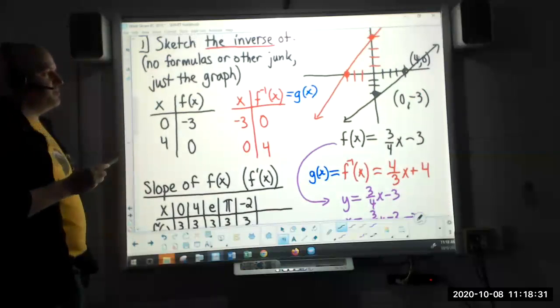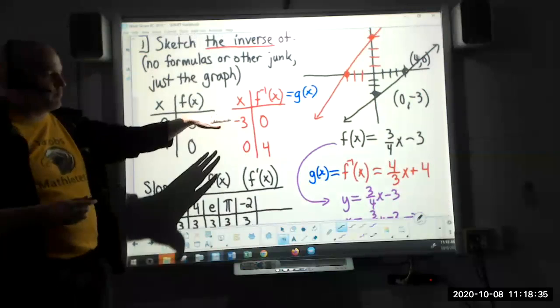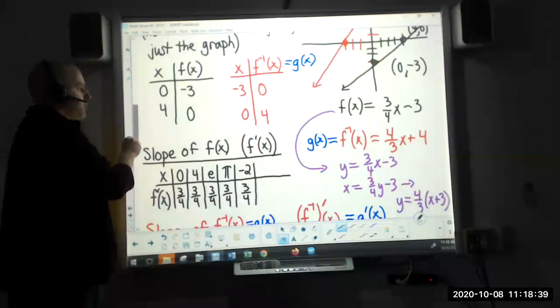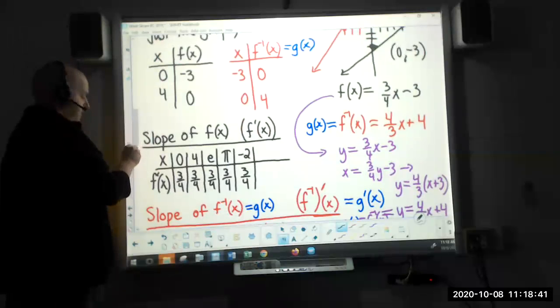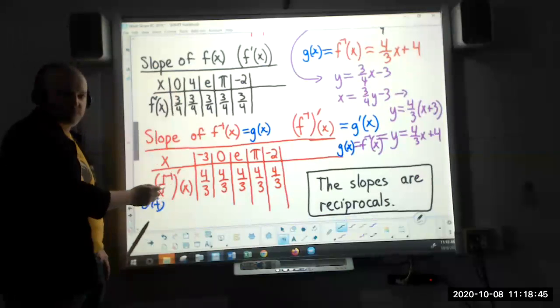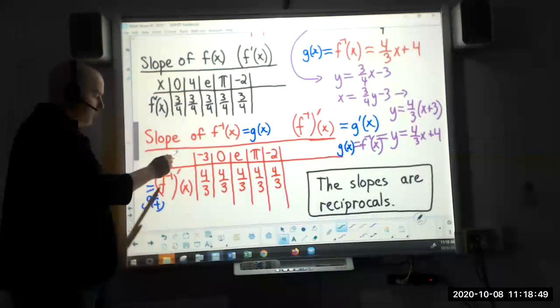I deliberately paired up these points together. 0, -3, and -3, 0, 4, 0, and 0, 4. So the input of 0 for f lined up with the input of -3 for f inverse, which, by the way, was the output. Same thing here with 4 and 0.